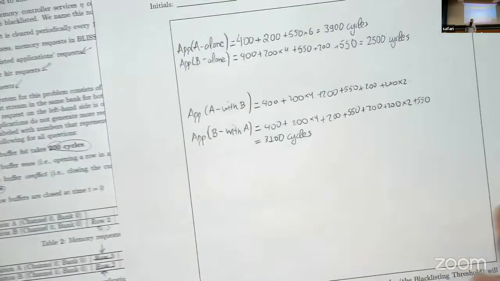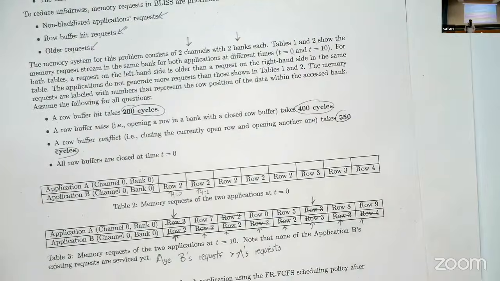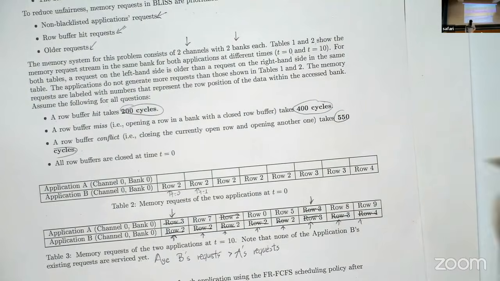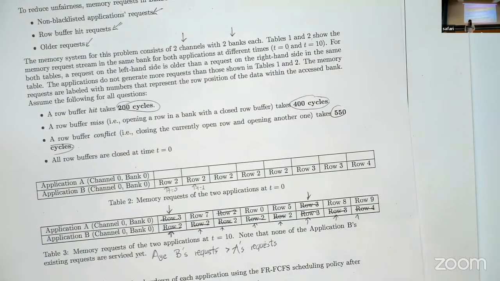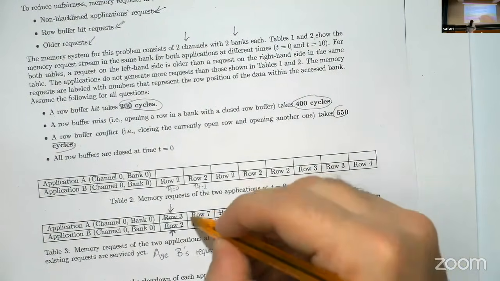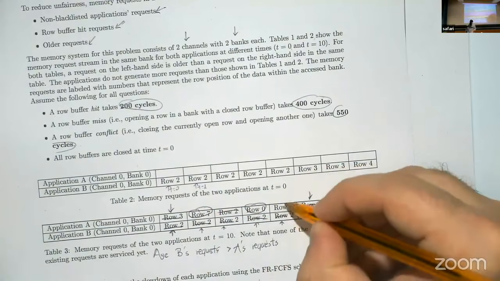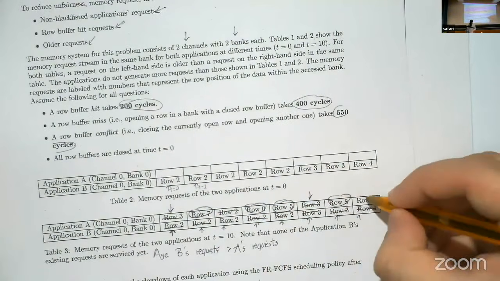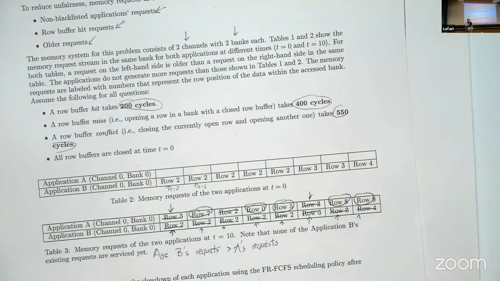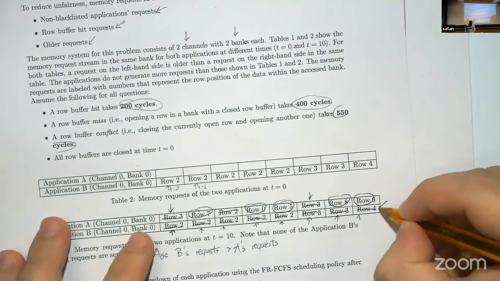Now we haven't finished with all the requests of application A, and we need to finish them. And how do we do this? We see that we have row 7, row 0, row 5, row 8, and row 9. And currently the only row that's activated is row 4, which was the last request.